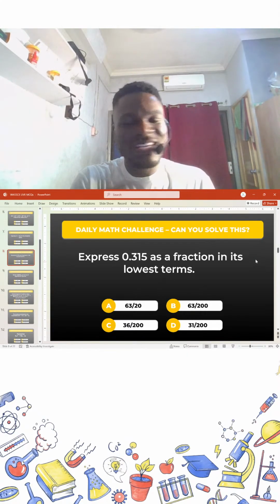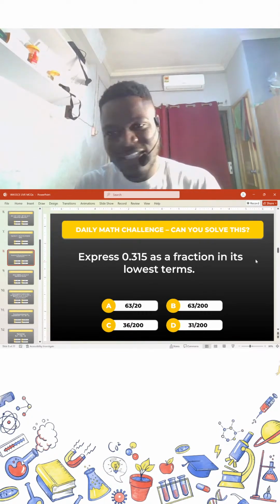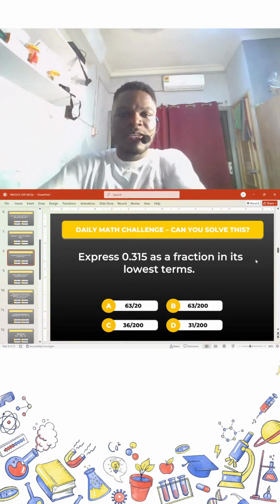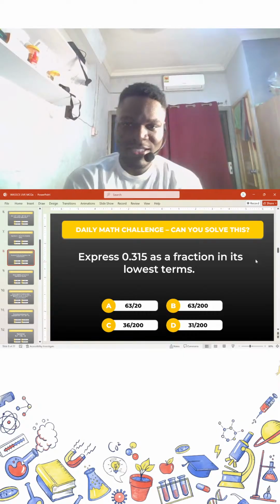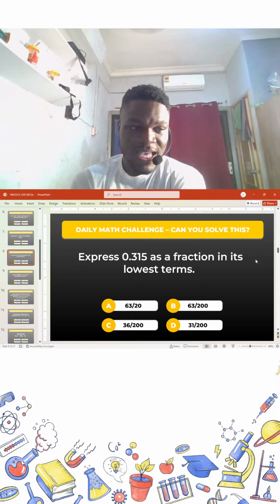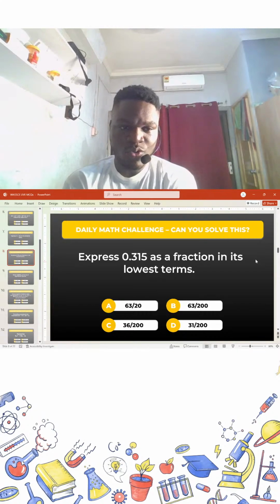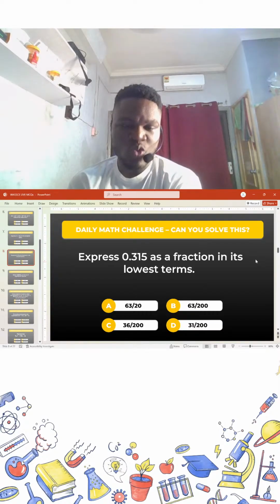All right, so we have to express 0.315 as a fraction in its lowest terms. We have option A, 63 on 20, option B, 63 on 200, option C, 36 on 200, and option D, 31 on 200.